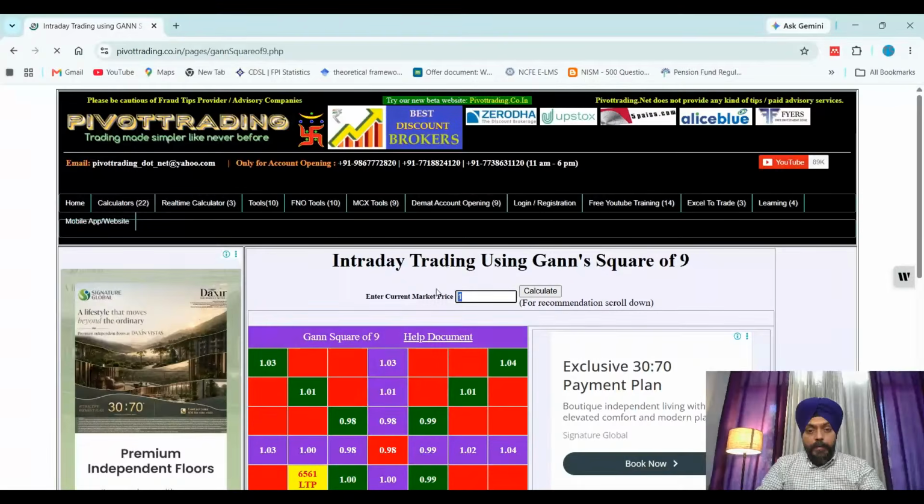So what was the opening price of VAML? The opening was 479, which we just entered on the Gann square of 9.